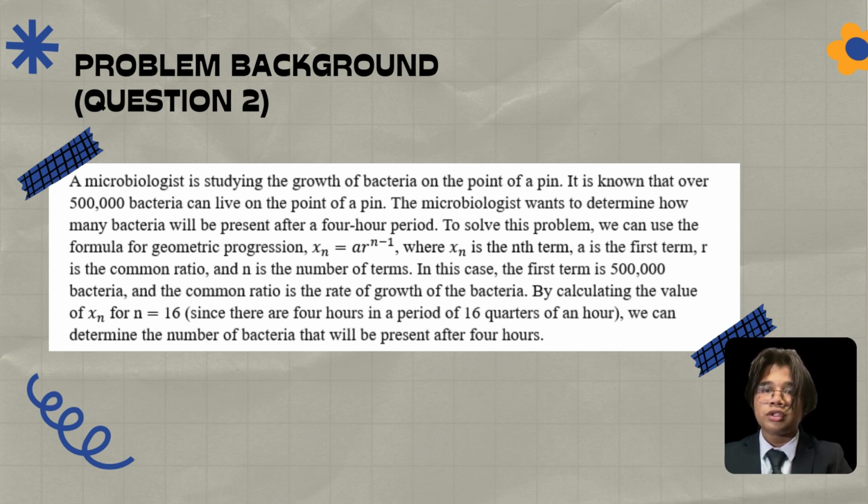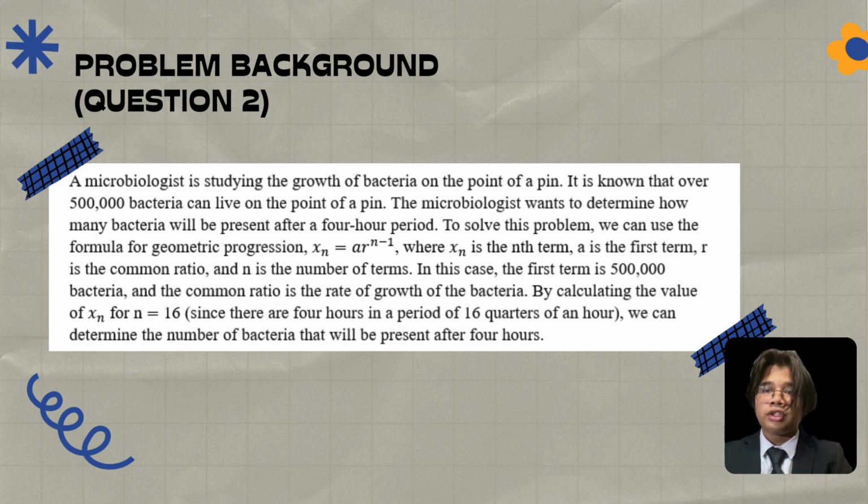Xn equals a r to the power of n minus 1, where xn is the nth term, a is the first term, r is the common ratio, and n is the number of terms. In this case, the first term is 500,000 bacteria, and the common ratio is the rate of growth of the bacteria.